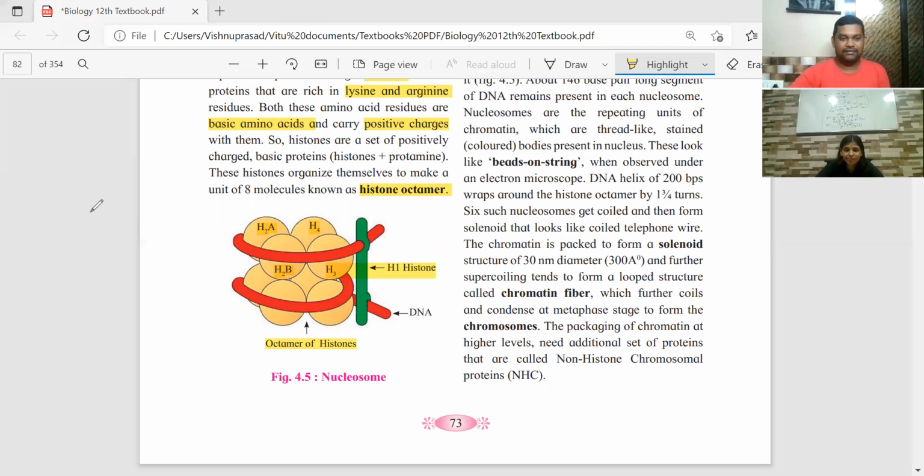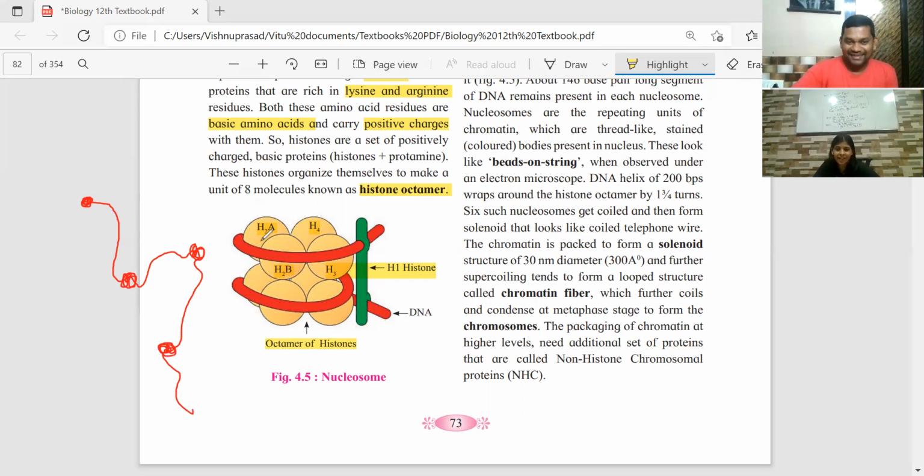Now, in a eukaryotic cell, there is something called the bead and string model. I'll tell you what that is.